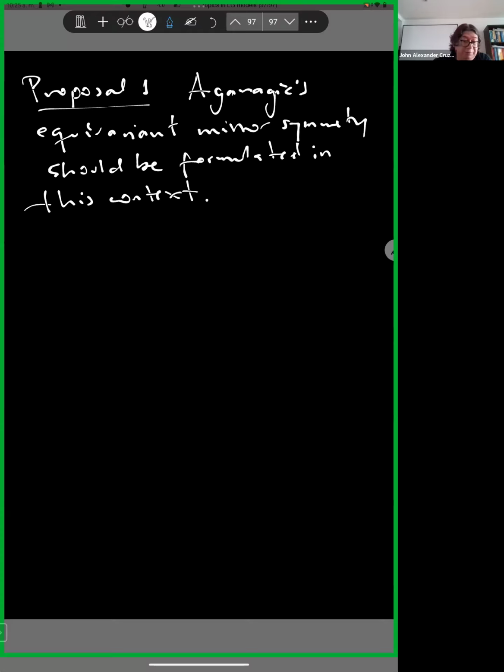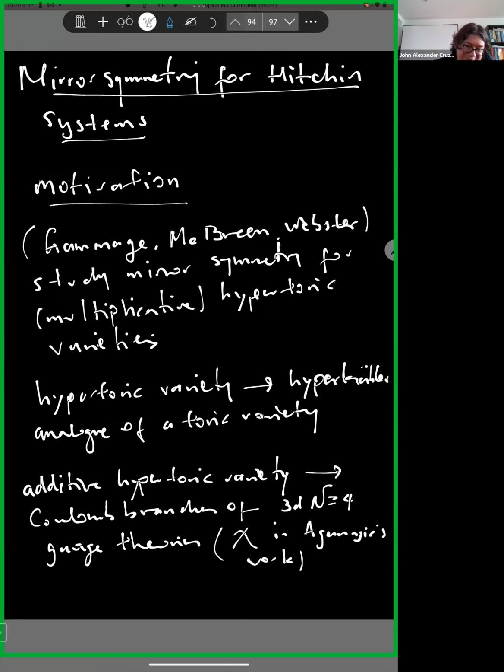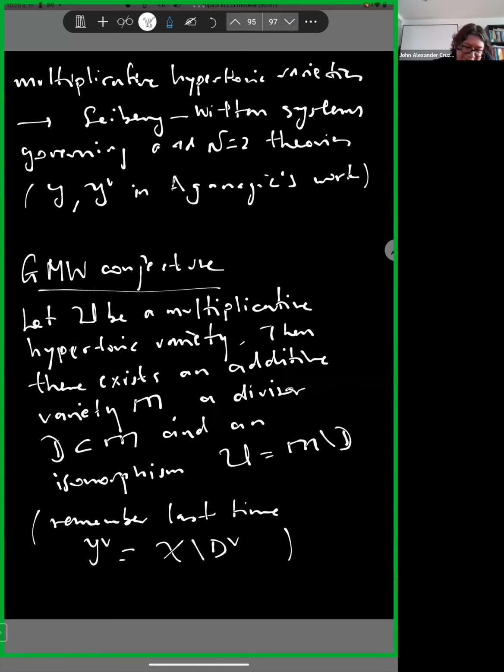But there is another question. So you see that this here. Let me just go back here. So here we have this source of examples of the multiplicative hypertoric varieties as certain integrable systems related with some 4D N=2 theories. So we're going to ask where you see other kinds of systems arising in this context, right?